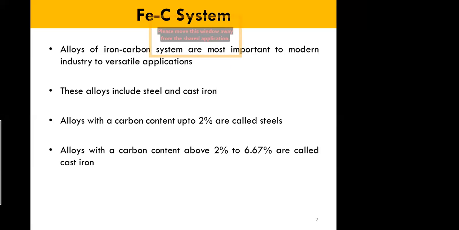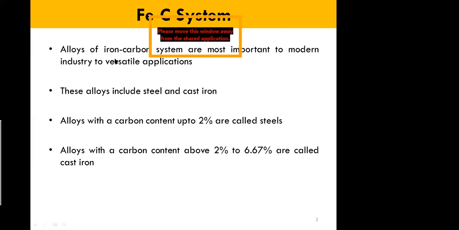It is a ferroalloy based iron carbon system, and in that iron, carbon is added as the alloying element. Now, how much carbon is added to the iron? If we add up to 2% carbon, we call it steel. And if we add more than 2%, up to a maximum of 6.67%, then it is called cast iron.